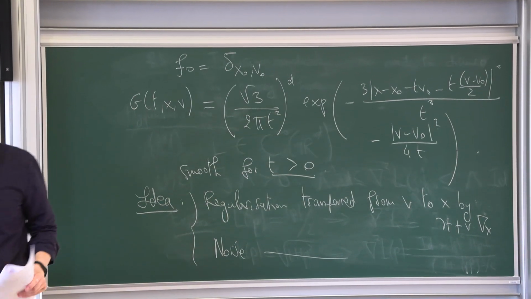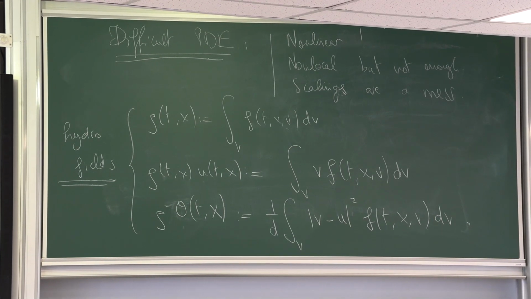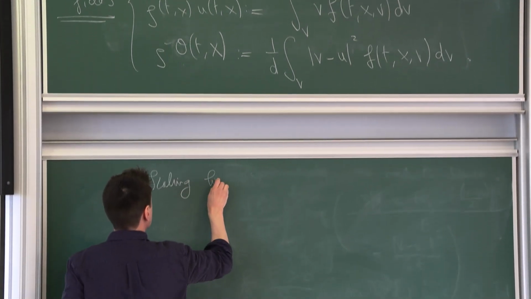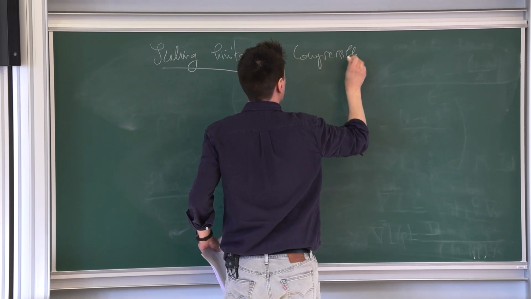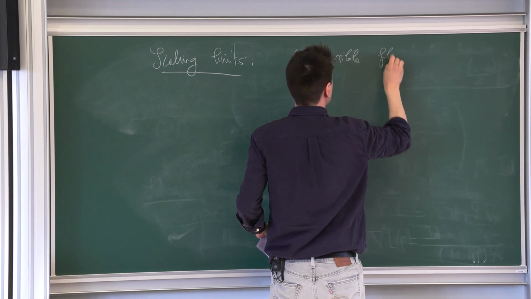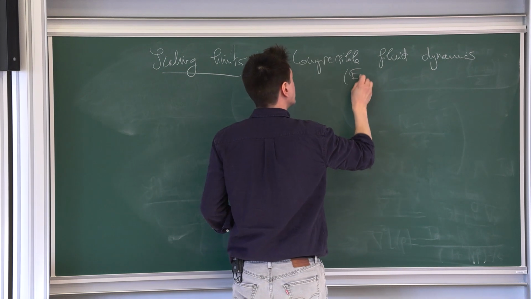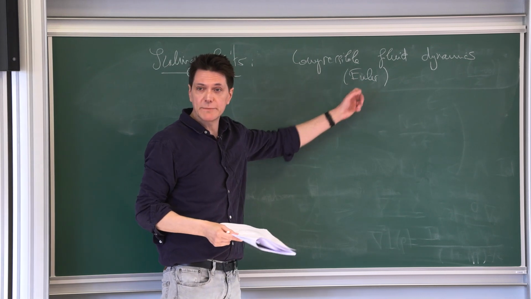Then, in certain scaling limits that I really don't want to start writing now to save time, but if you're interested, I'm sure François will tell you everything about these scaling limits, you can obtain compressible fluid dynamics, meaning Euler, with first order correction giving you the Navier-Stokes term in the compressible dynamics.